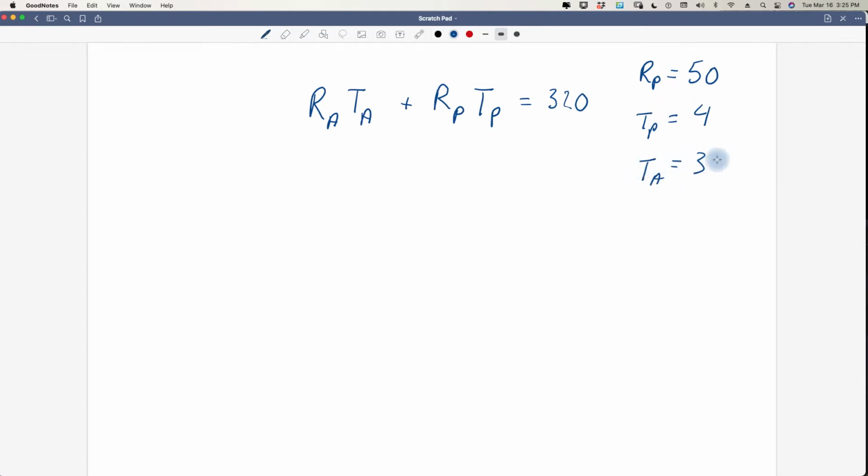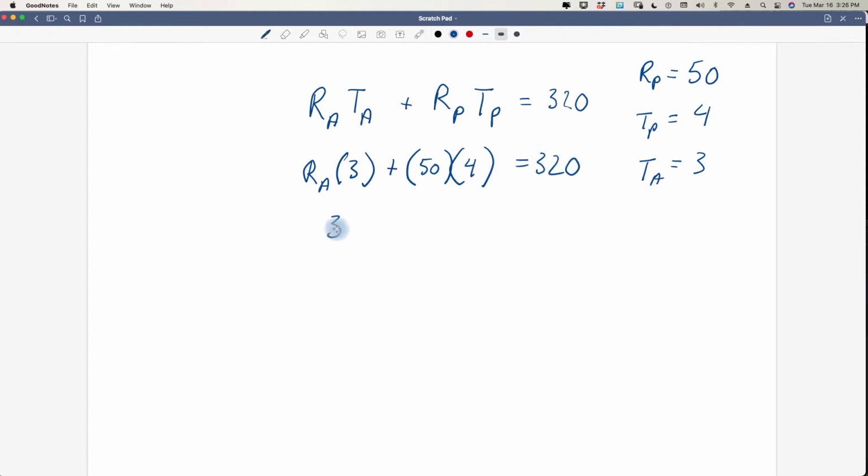So we can drop these in just like any other substitution problem. The rate of Anne is what we don't know. So we have the rate of Anne times the time of Anne. We're going to put 3 right in here, or make our bucket. And now we're going to make buckets for r sub p and t sub p, and drop them in.